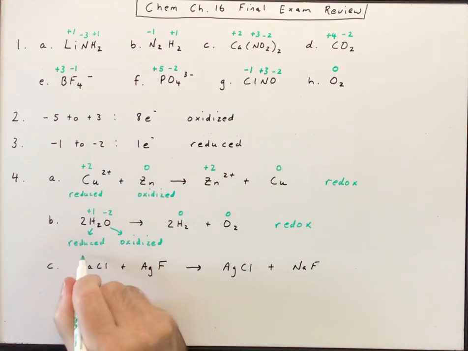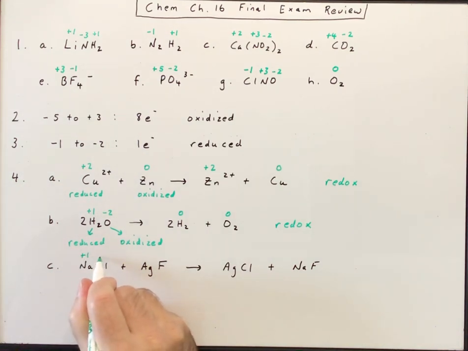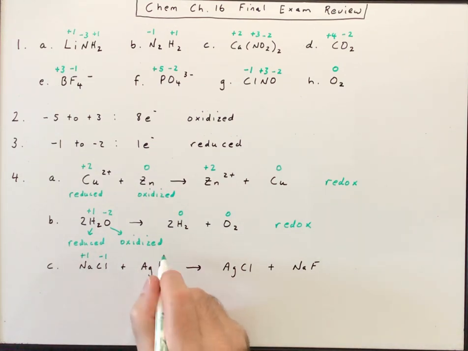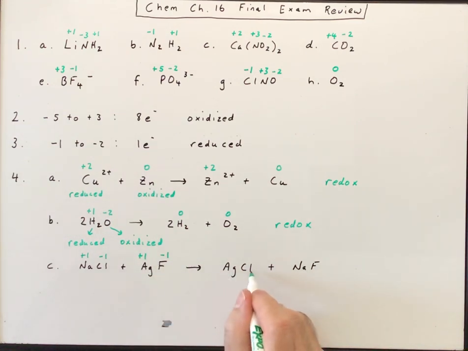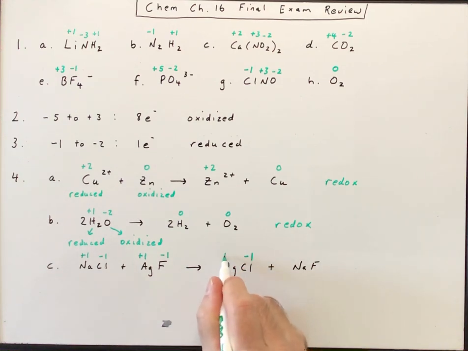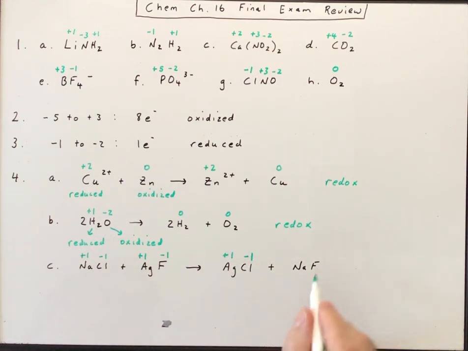Okay, sodium +1, it's in column 1, so chlorine would have to be -1 in order to add up to 0. Fluorine has a rule, it's -1, so silver would be +1. We're going to have to go to rule 7 here. Chlorine's in column 7, so -1, so silver would be +1, and then +1, -1.